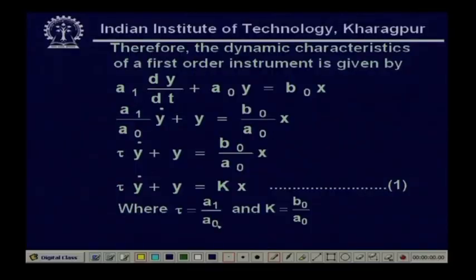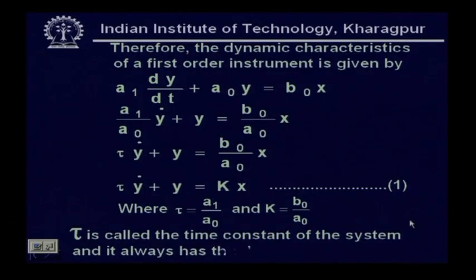And if you remember our nth order differential equation, we have written there clearly that A0, A1, B0 all depend on the physical parameters of the system. Tau is called the time constant of the system and it always has a dimension of time, quite obviously.